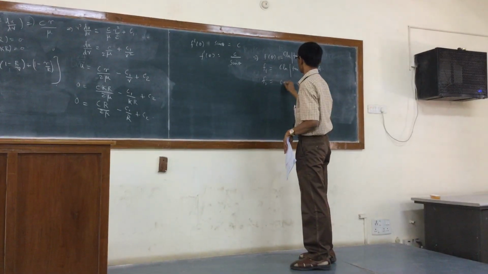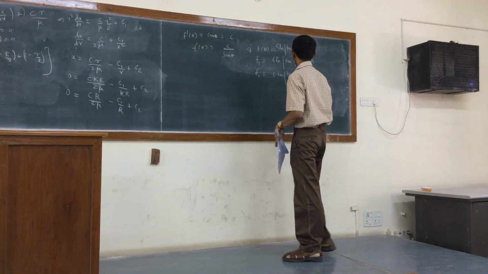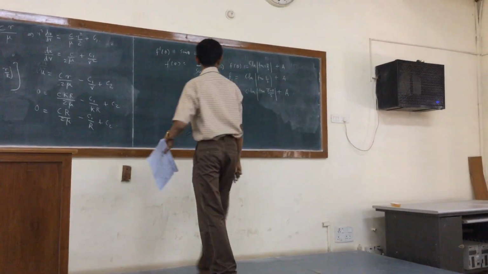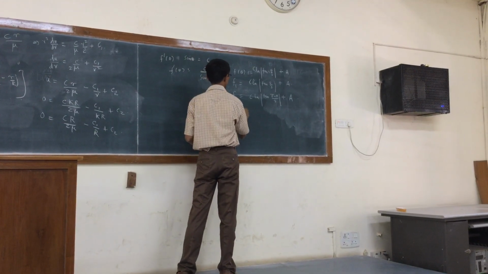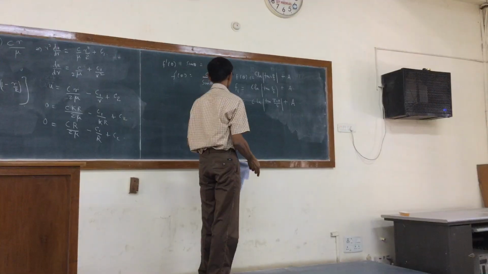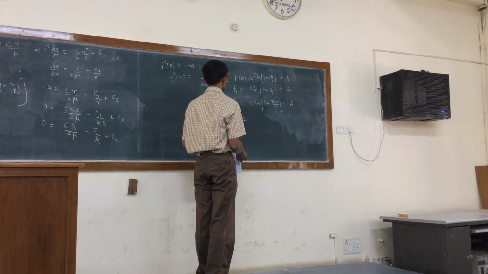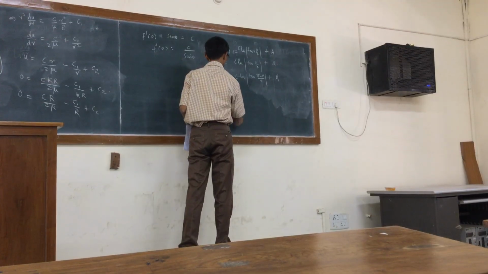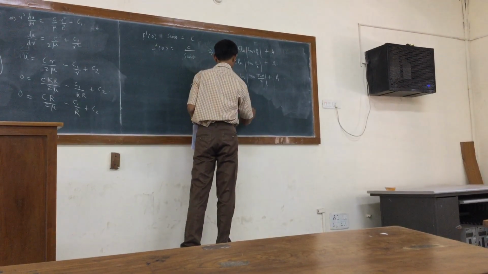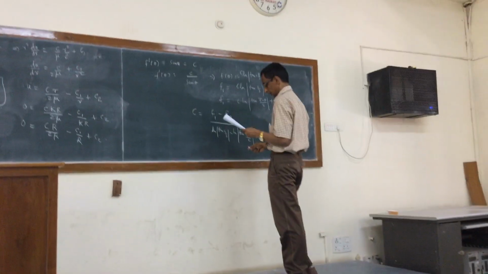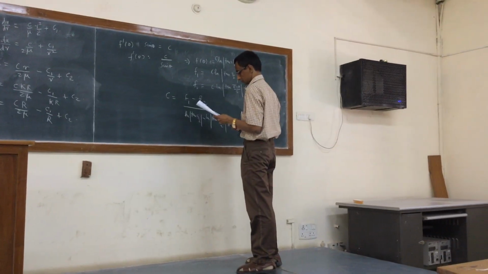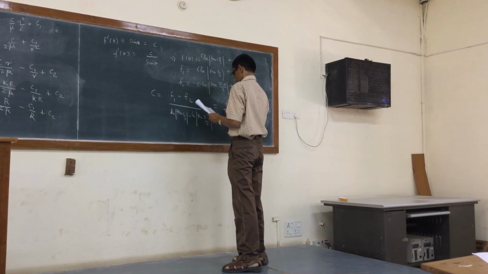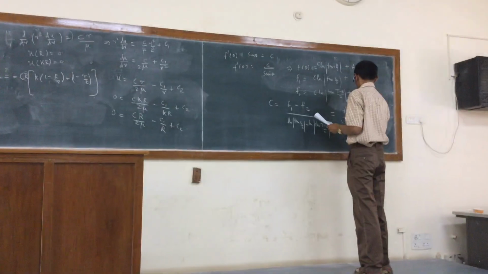And F2 is C times log tan of pi minus epsilon by 2 plus A. So clearly by subtracting these two, you get that C is actually equal to F1 minus F2, divided by log mod tan epsilon by 2 minus log tan of pi minus epsilon by 2, and you should be able to verify that this can actually be shown to be equal to F2 minus F1 by 2 logarithm of the cotangent epsilon by 2.